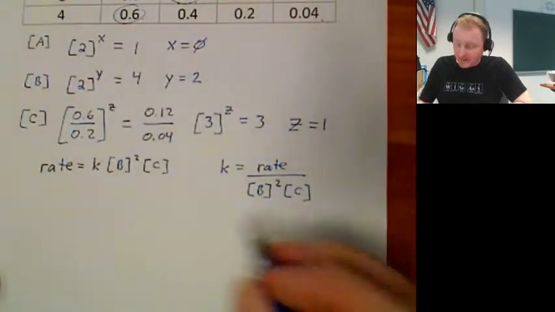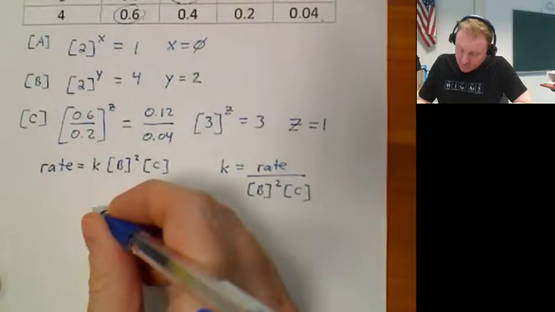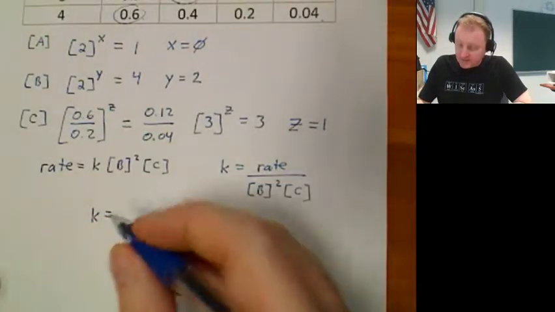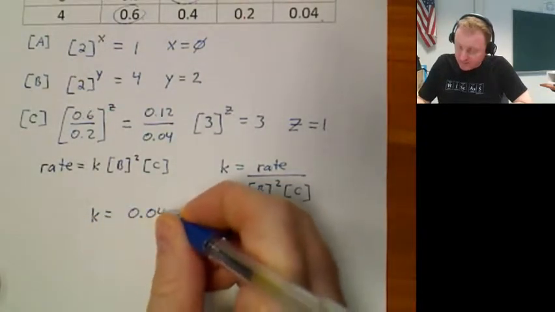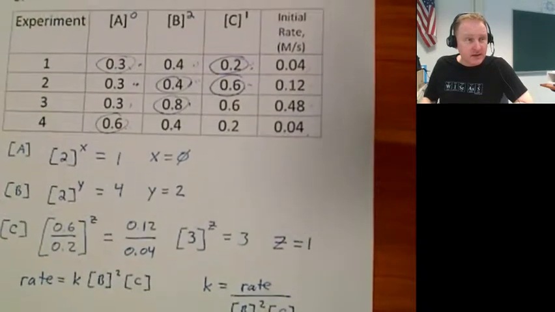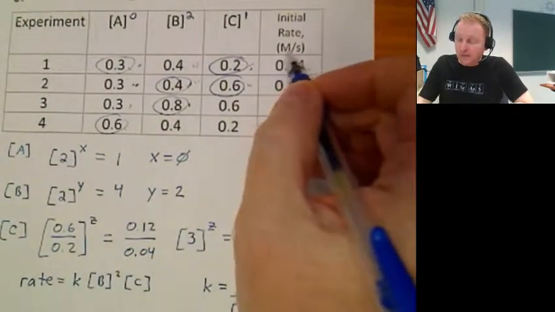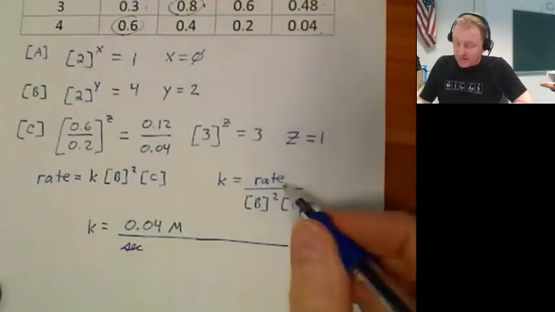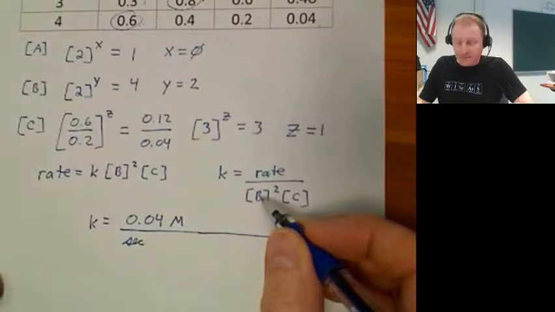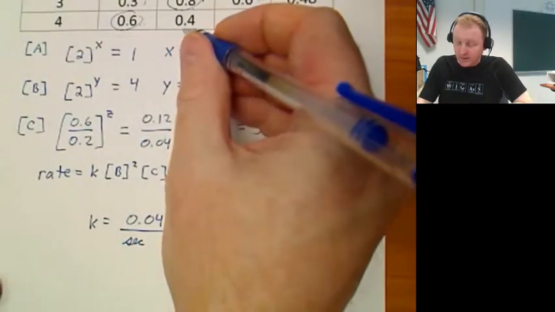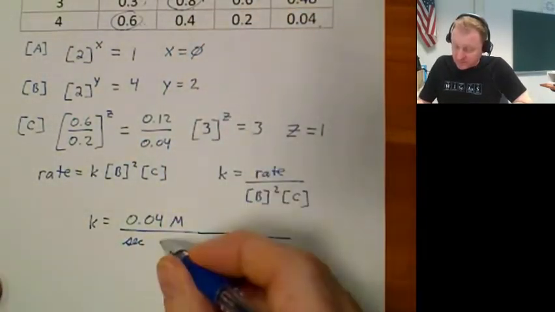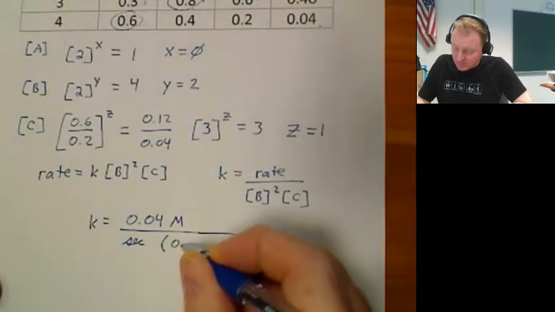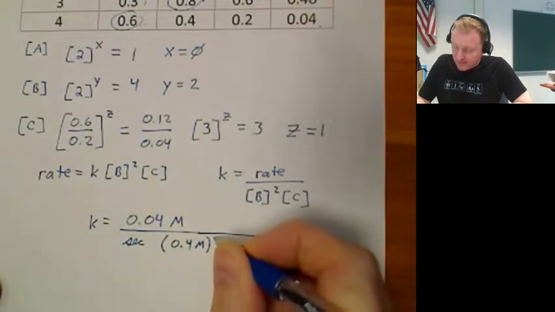So k equals, the rate is 0.04, and it's important to put the units in there, which is molarity per second. That was the rate. Now I'm going to put in B's concentration squared on the bottom, so B's concentration is 0.4 molarity, and that is squared.